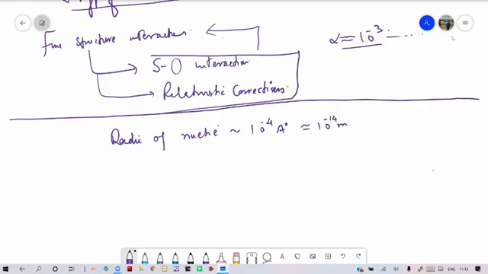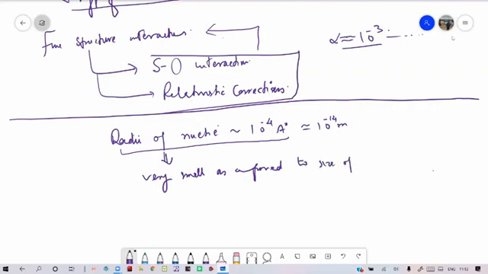And this radius of the nucleus is very small as compared to the distance of the electron from the nucleus, and that distance is approximately 1 angstrom.